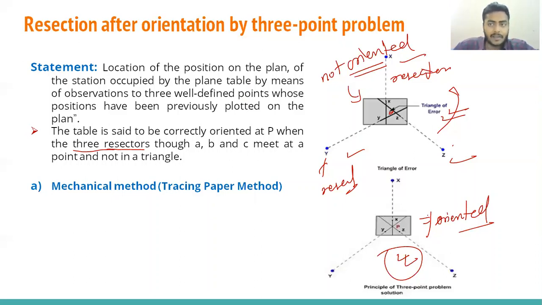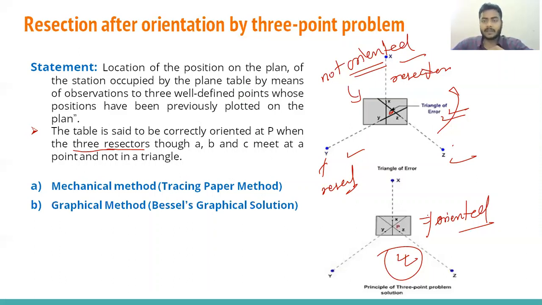In the mechanical method, we first do some operation on tracing paper, then transfer the tracing paper positions to the drawing sheet, and then do the orientation. That is called the tracing paper method. The second one is the graphical method, the graphical solution given by Bessel, which we will also discuss.